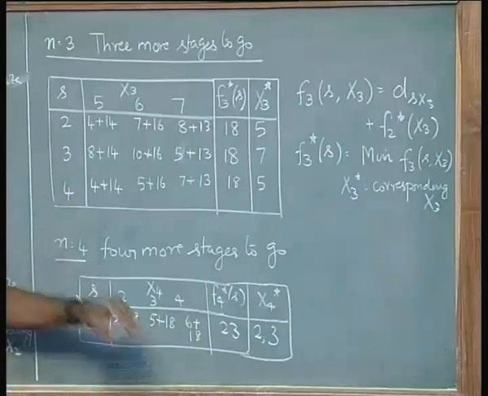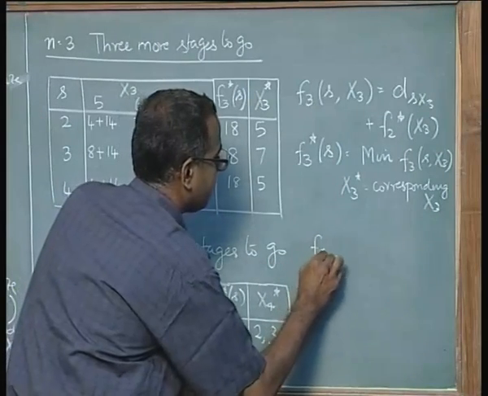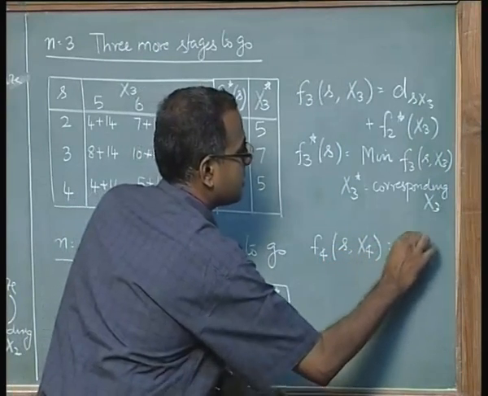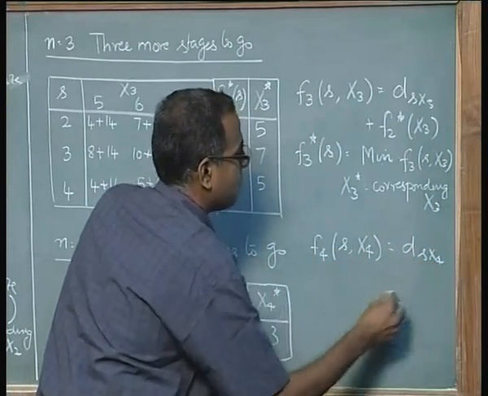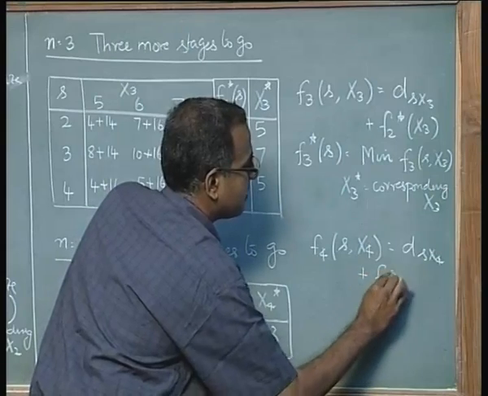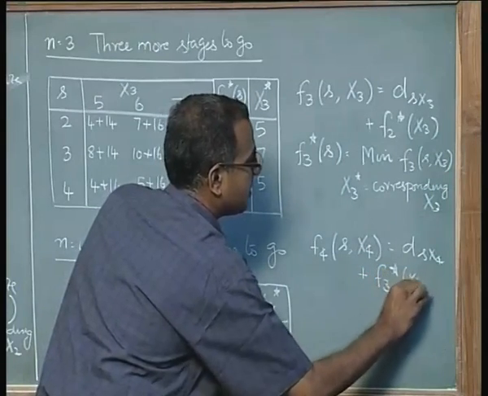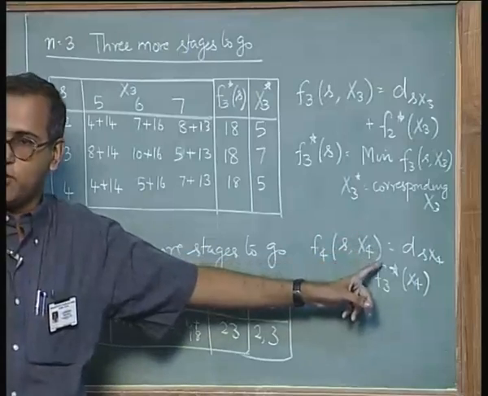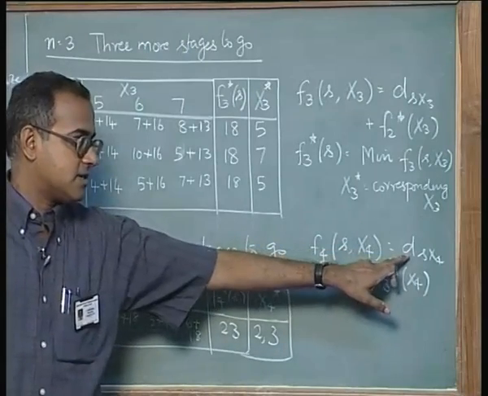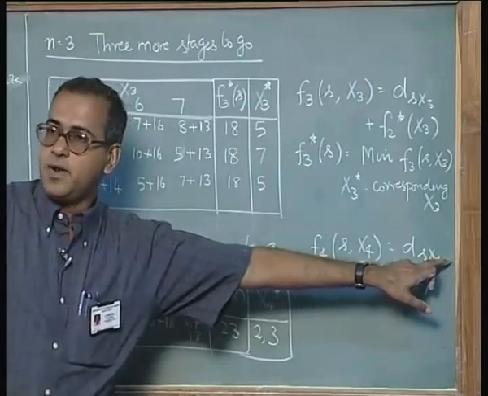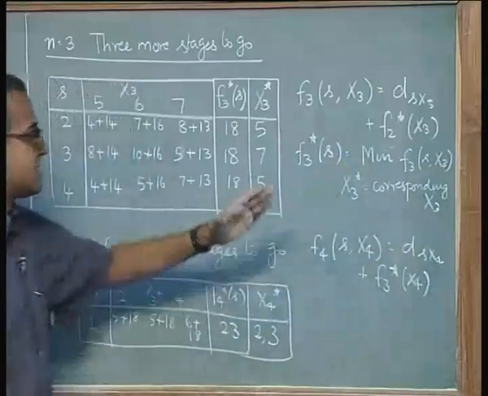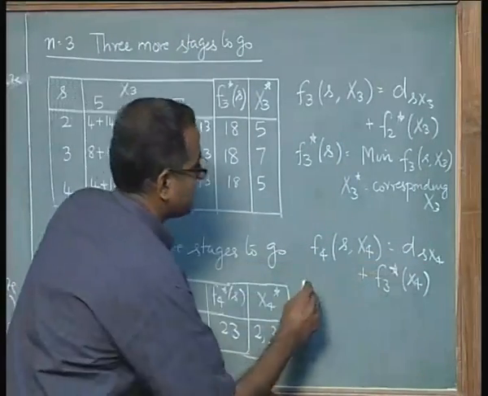Now we have to write down the equations. So we write F4 of S x4 is equal to d of S x4 plus F3 star of x4, indicating that if I am in S and decide to go to x4, I travel a distance from S to x4 plus the shortest distance from x4 to destination, which is given in the previous table, so F3 star of x4.